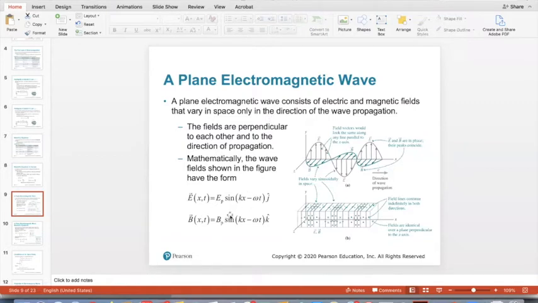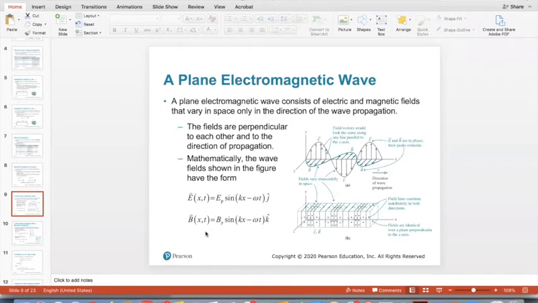So our simplest case here is if we have our charge oscillating sinusoidally, like a simple harmonic oscillator, then E would go like sine, B would go like sine. Of course, these have different units. Putting them on the same coordinate system is just to help you visually. This one has units of newtons per coulomb.